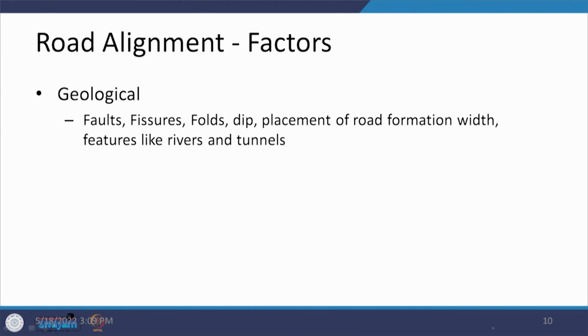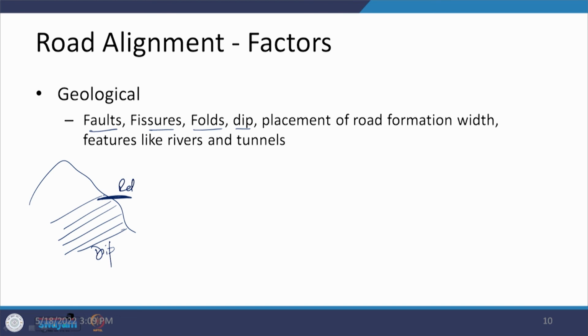Now, in the case of geological factors, the things we can talk about are faults, fissures, folds and dips. Say I am talking about hilly terrain, and I have to provide a road in this particular one. Say I am going to provide a road here. So, this is my road. Now, if I find out how the stratifications are in this particular hill, and say these stratifications are like this, so this is the dip of the stratification, and this dip is in this direction, and therefore, it is going to remain stable.